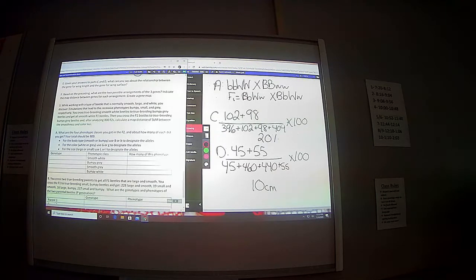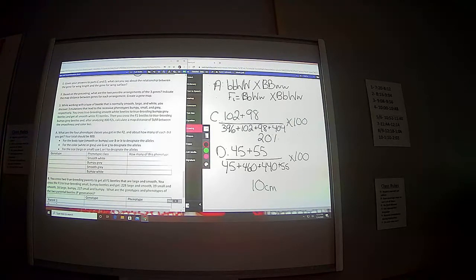So you would expect that the gene for wing length and the gene for wing surface to be linked, and the distance is expected to be either approximately 10 cM or 30 cM apart. Based on the preceding, what are the two possible arrangements for the three genes? Indicate the map distance between the genes for each arrangement.